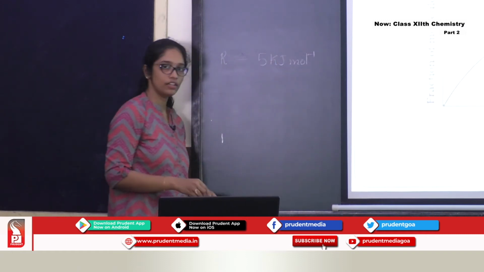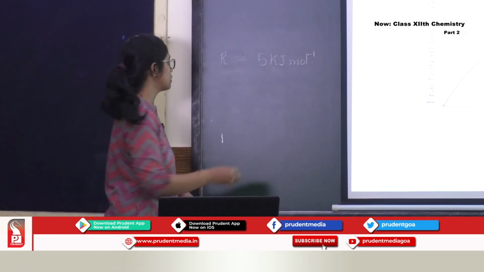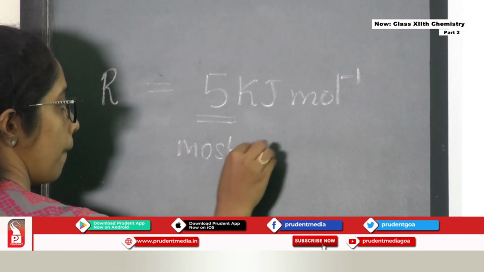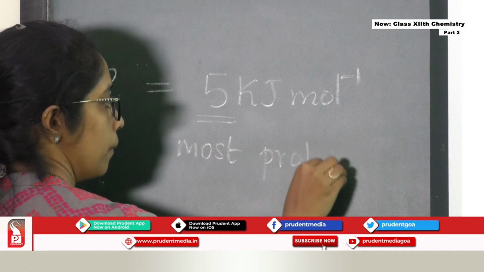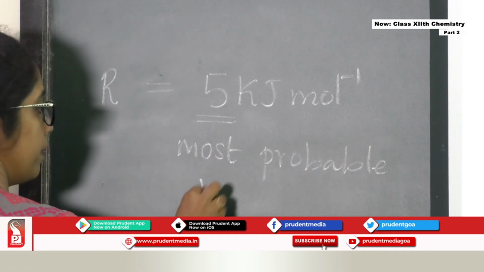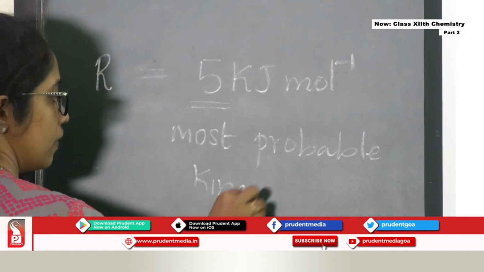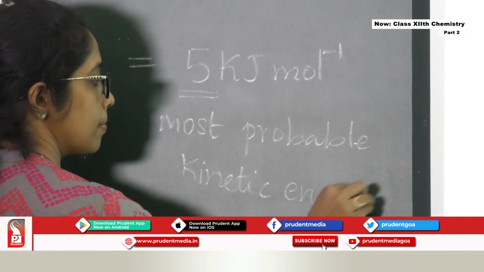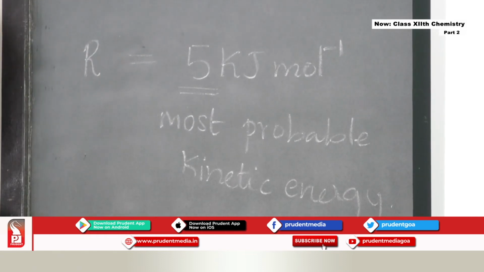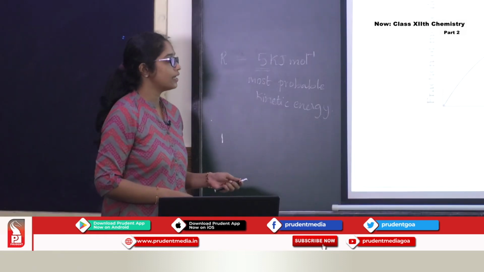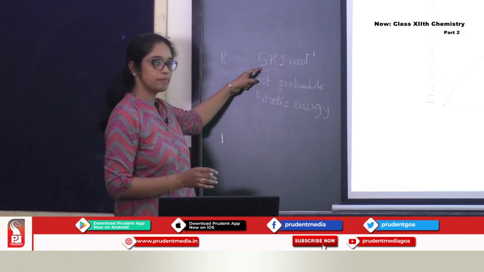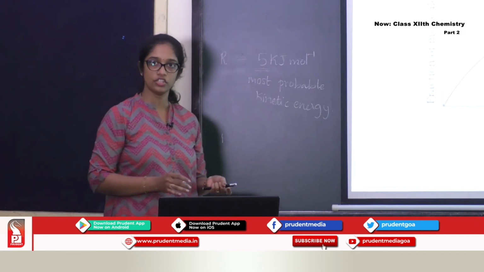Suppose we say that the reacted molecules have 5 kilojoule per mole of energy. The meaning of this is 5 kilojoule is going to be the most probable kinetic energy. Alright. So, it is not that all the reactant molecules present in the reaction mixture will have 5 kilojoules per mole of energy.